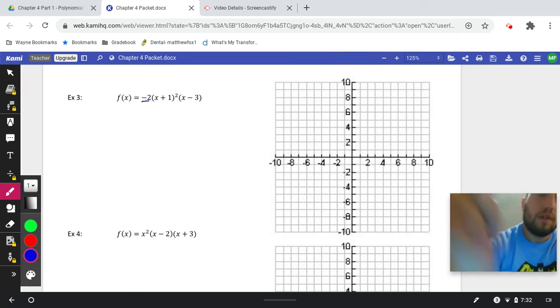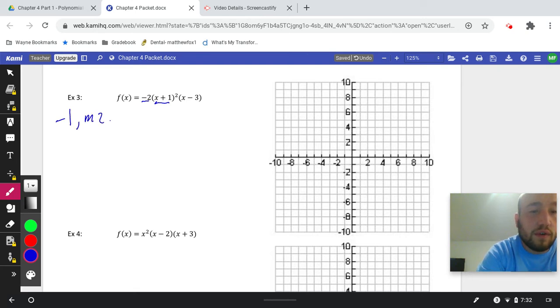So let's go ahead and skip to this second part, x plus 1. That tells us we have -1, and it has a multiplicity of 2, which means since it's even, it will just touch. Okay, it's not going to cross through, it's going to touch. And then the final one here, x minus 3, has a 0 of 3, and a multiplicity of 1, which means it will cross.